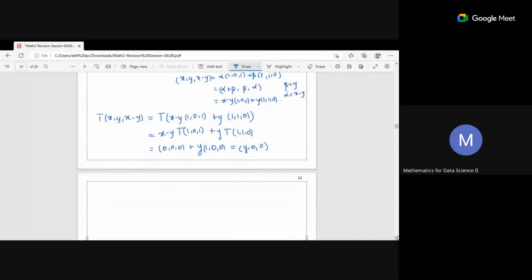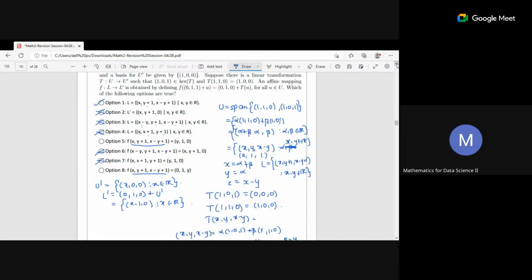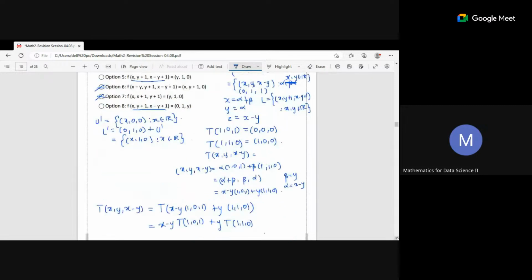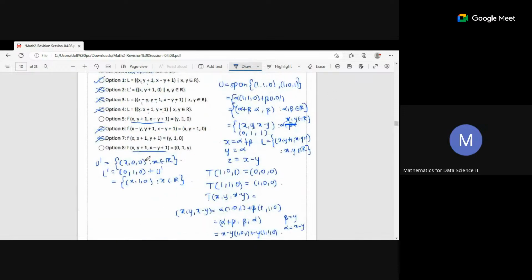This means f of (x, y+1, x minus y+1) is given by your vector (0, 1, 0) plus this vector (y, 0, 0), which is (y, 1, 0). So which option is coinciding with this? Fifth. Okay. Is it fine?